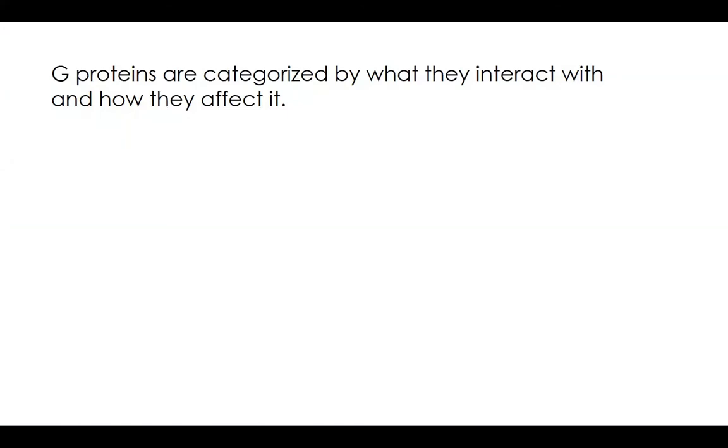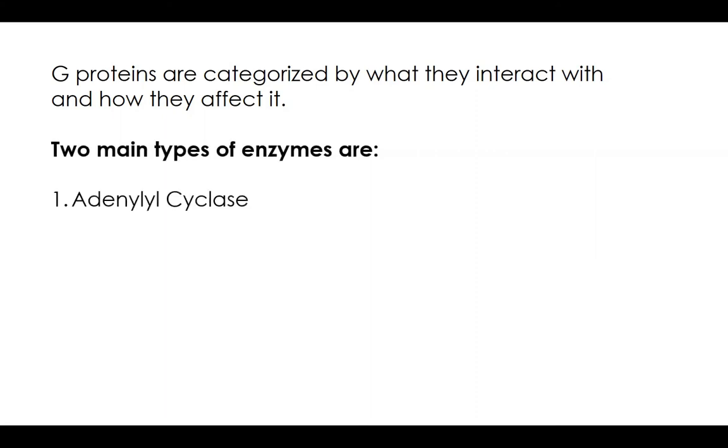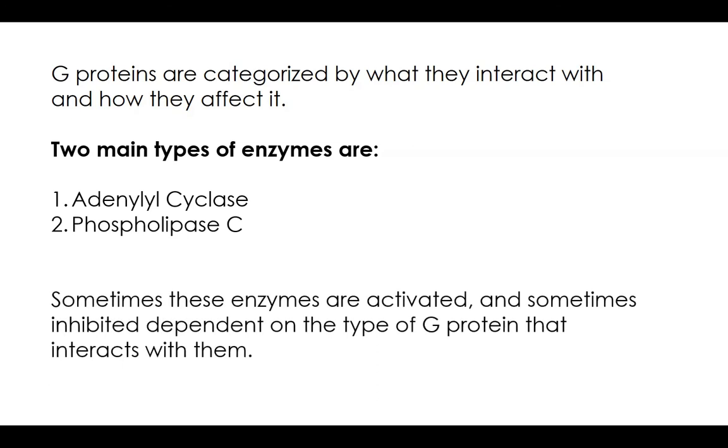So G proteins, again, are categorized by what they interact with and how they affect it. Two main types of enzymes that they can interact with are adenylyl or adenylate cyclase and phospholipase C. Sometimes these enzymes are activated and sometimes they're inhibited by G proteins, depending on the type of G protein that interacts with them.